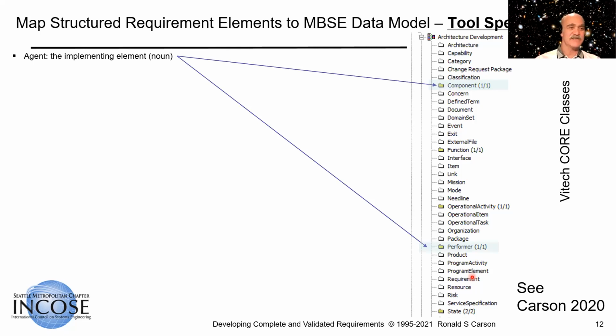The agent, this is the who is doing what, or has the characteristic, has two classes depending on whether you're an operational perspective, in which case it's performer, or system perspective. And there we have the architecture framework rearing its very ugly head to say, oh, well, we need two different data elements because we have two different perspectives.